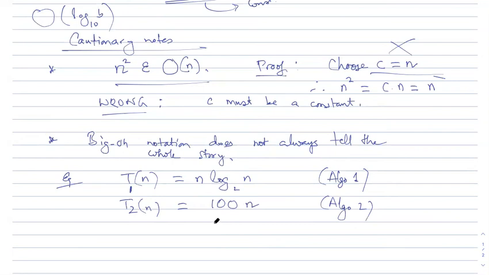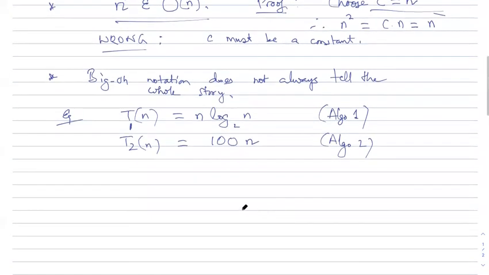So which algorithm would you prefer in this case? Any suggestion? 100n. You would prefer 100n. That's kind of an obvious choice, right? Because one is linear, another is n log n.